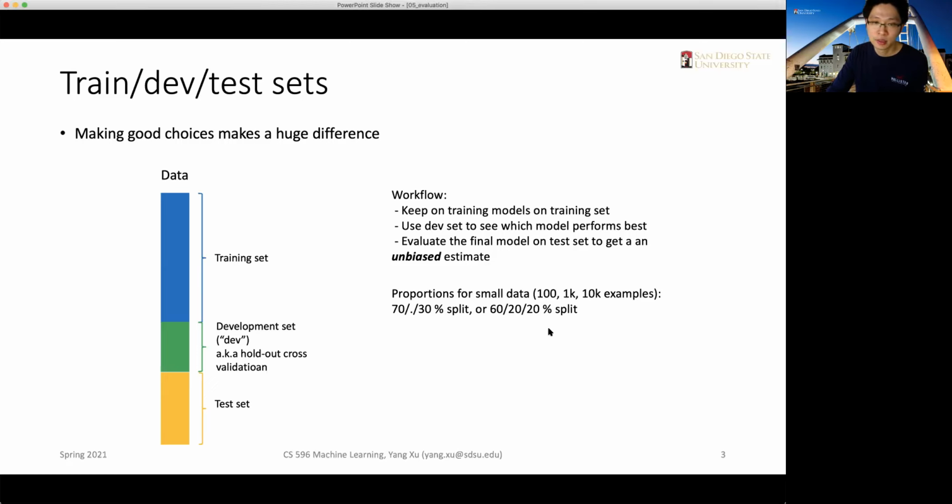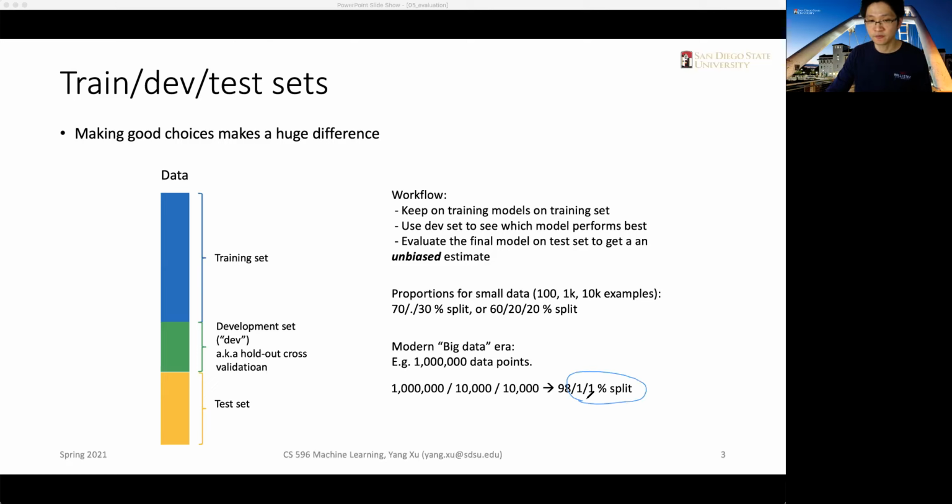In another case, when our data is big, for instance, we have 1 million data points, we usually have a very small proportion of dev set and test sets in terms of percentage. Because 1% of 1 million data points is already 10,000 data points.